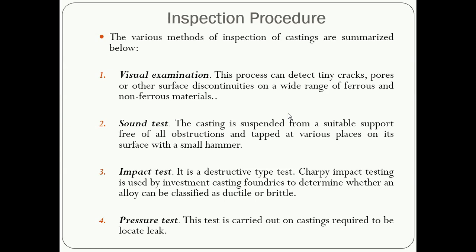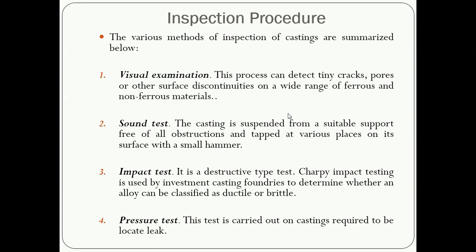Next one is the impact test. By using that test we have to calculate how much impact energy in terms of kilojoule that casting is going to absorb before its failure under impact load. There are two different types of impact test we have seen, that is Charpy and IZOD. By using that test we conclude whether that casting is suitable for the impact load or not.